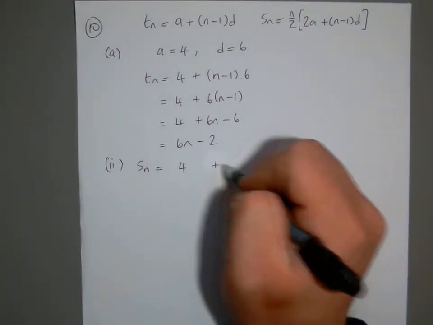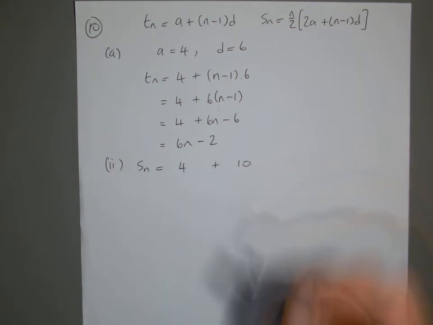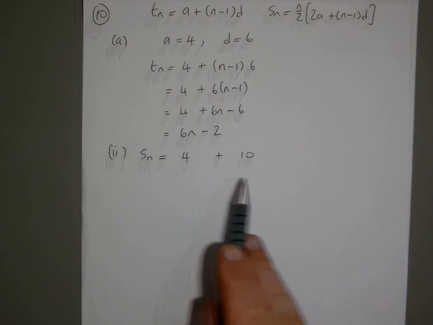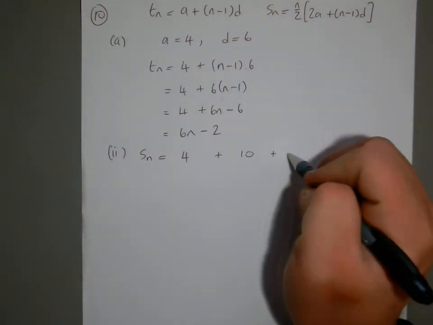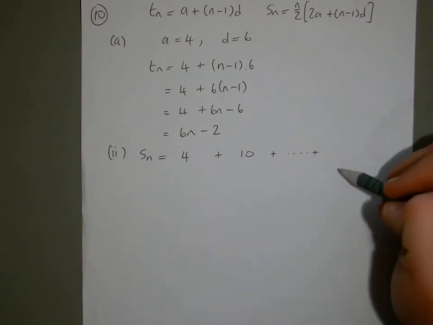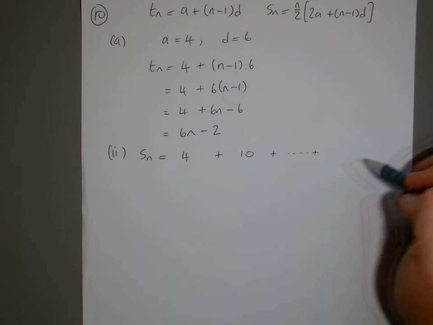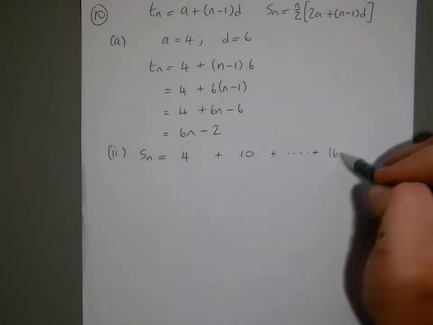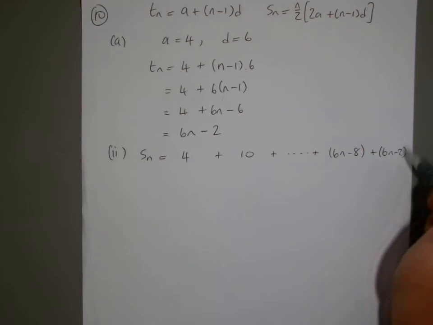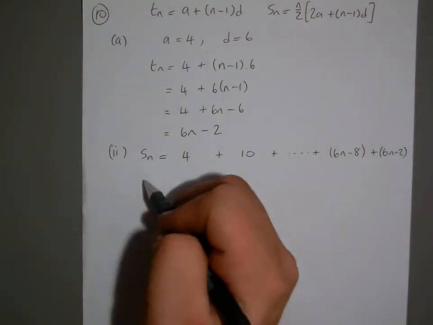Put a bit of spacing here, because this is like the proof of the formula for the sum of n terms, but we're going to do it specifically for this particular series. So then we've got 6n minus 8 is the last but one term, and the last term is 6n minus 2.